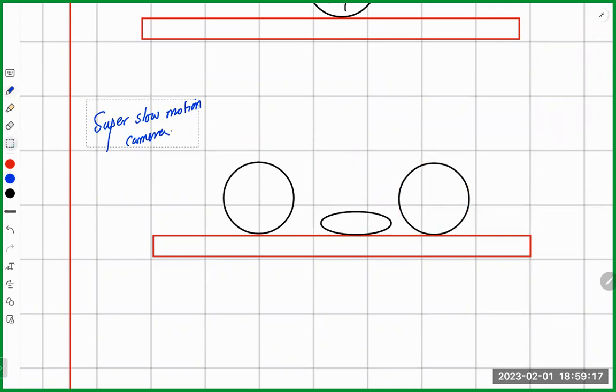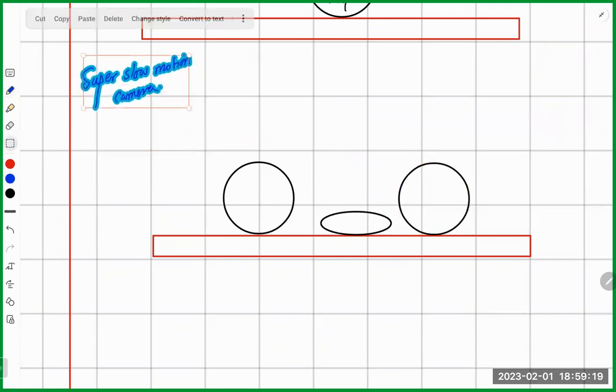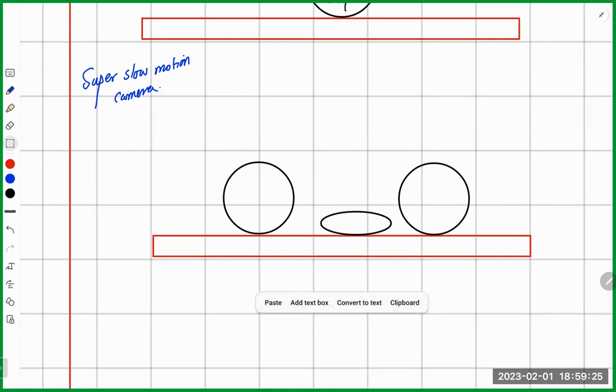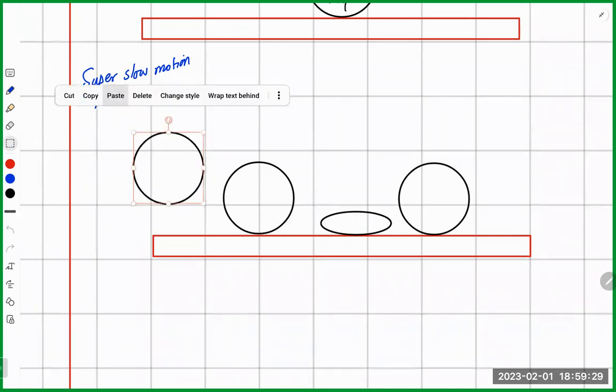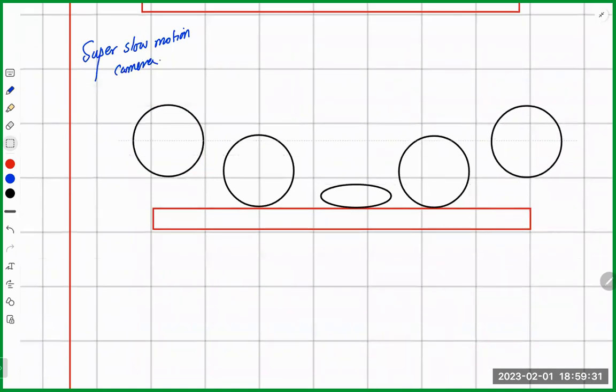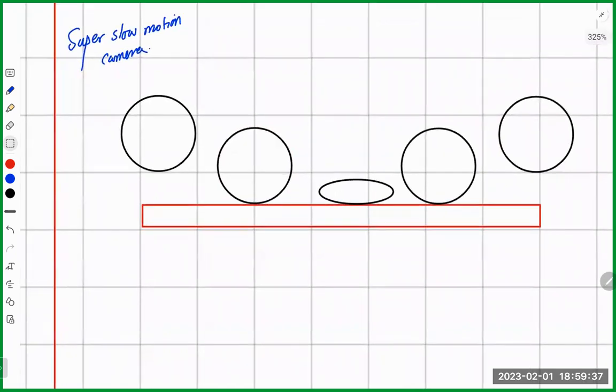This will happen if we see in super slow-mo. And all this is happening during an impact.